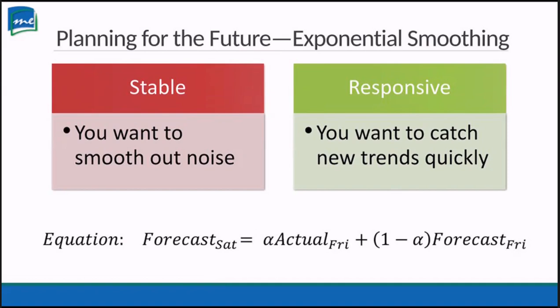So if you know the forecast for the current period and you obtain the actual demand for the current period, you will be able to make the forecast for the next time period. What kind of objective do you want to achieve? If you want to smooth out the noise, you choose a minimum value for alpha. If you want to catch new trends quickly, you choose a higher value for alpha.